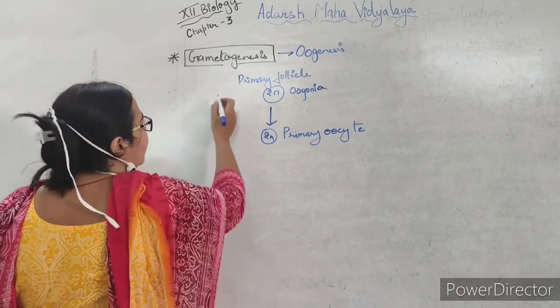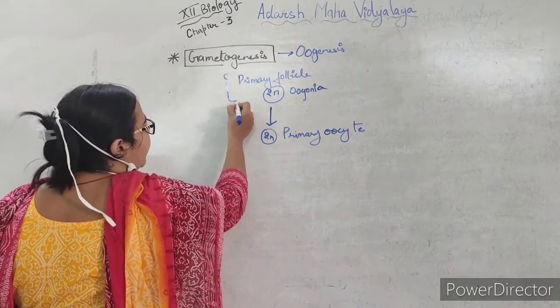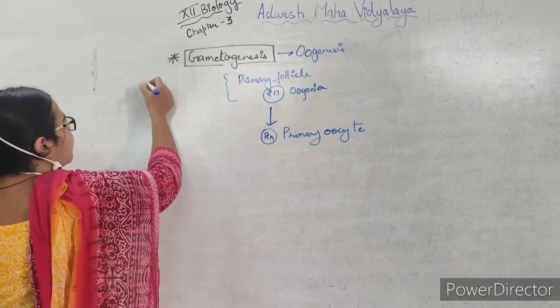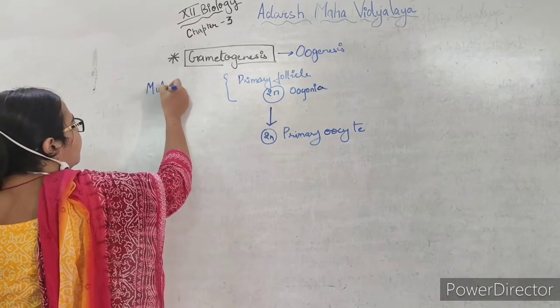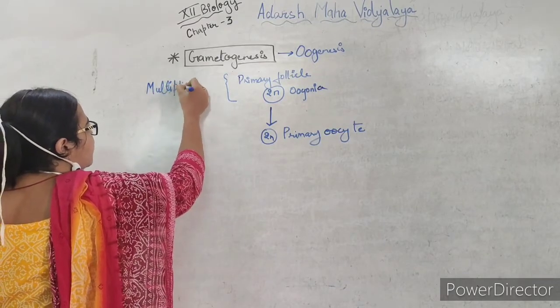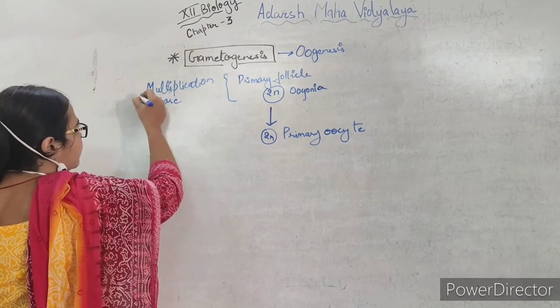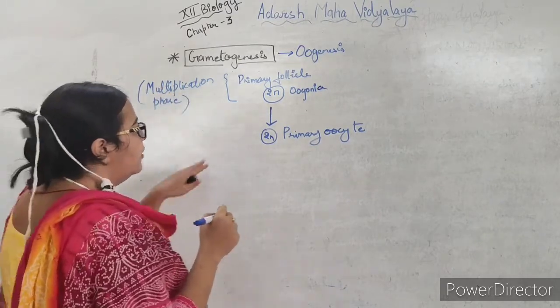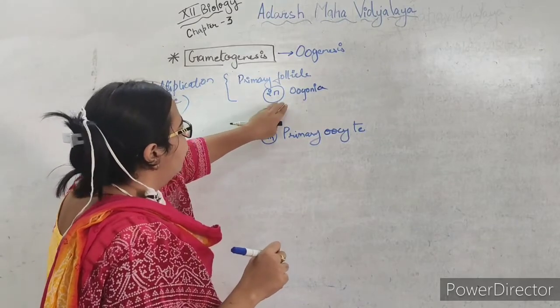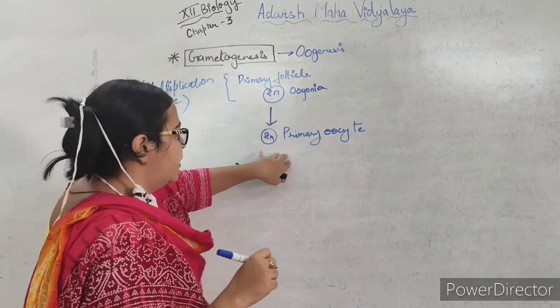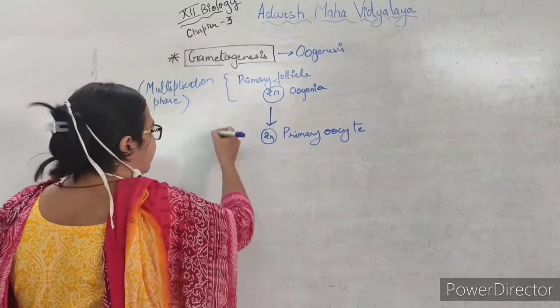Now this formation of the oogonia is the multiplication phase. Here, this development of the oogonia into the primary oocyte is the growth phase.